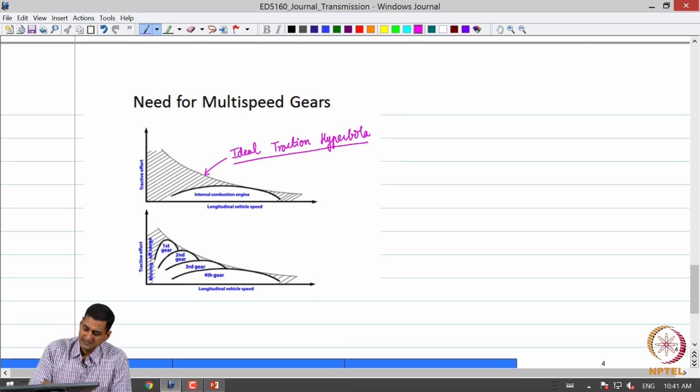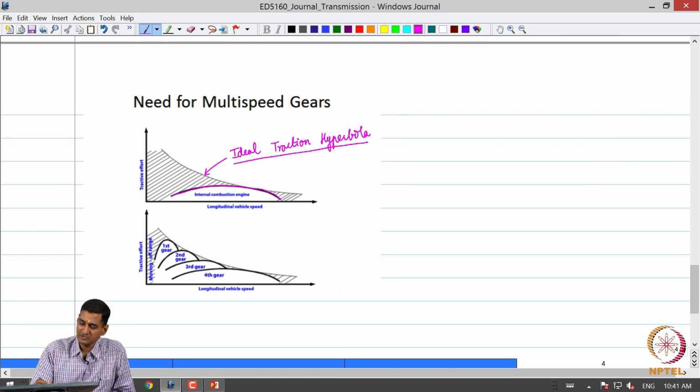So as indicated here, let us say this is the characteristic of the IC engine. Okay. So if it is used as it stands, we can see that there is a huge mismatch between the ideal traction hyperbola and the IC engine characteristic, right. So the shaded region indicates the mismatch in the traction that is required and the traction that is available from the engine.